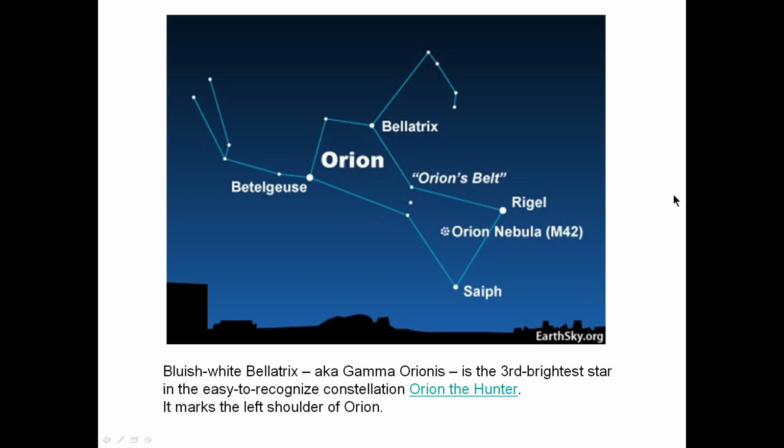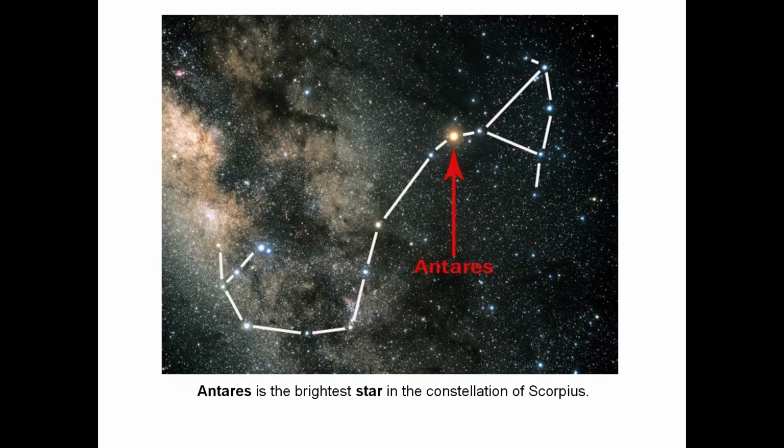So we're going to find that all these stars are going to be very relevant, bright, easy to recognize stars. And most of them are rising, so they're going to be close to the horizon where you can make a good sighting. So the next star is Antares, which is the brightest star in the constellation of Scorpio.